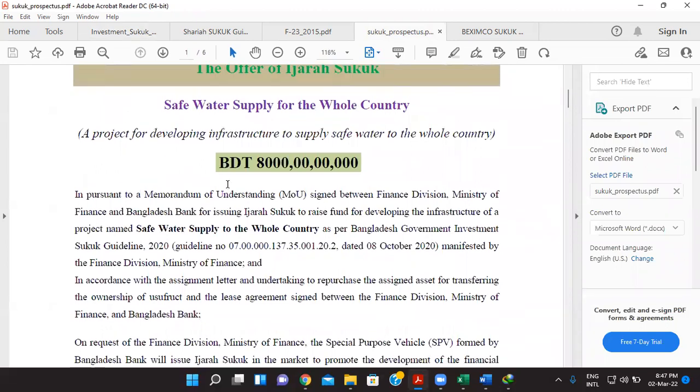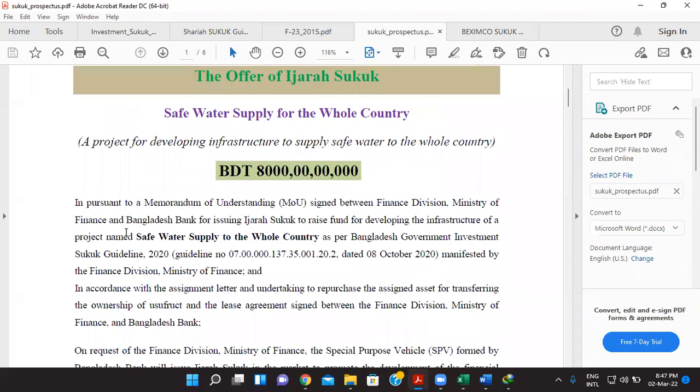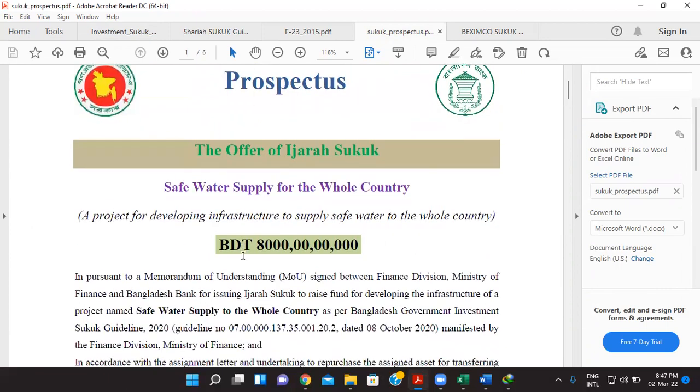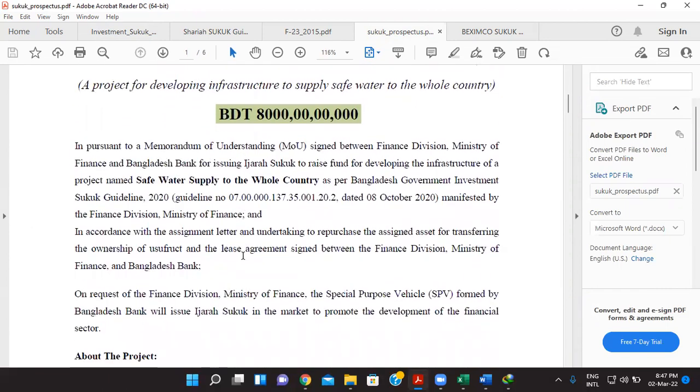Okay, this one issued by the Bangladesh government. What is the name here? Ijara Sukuk.